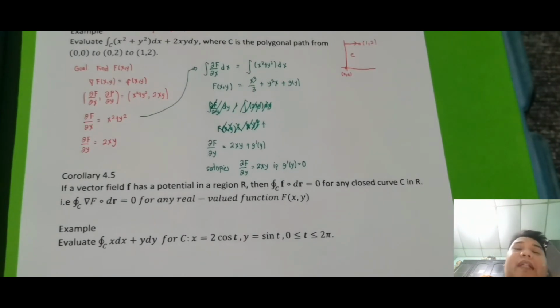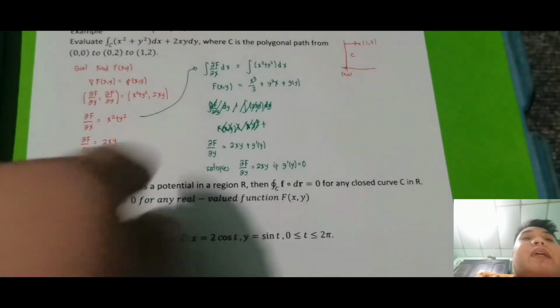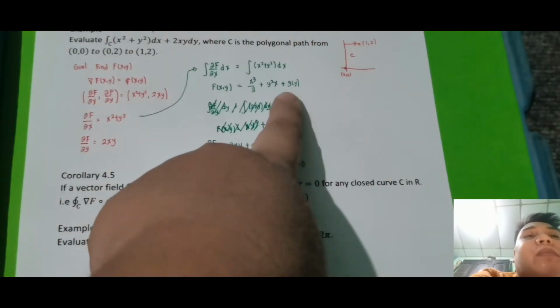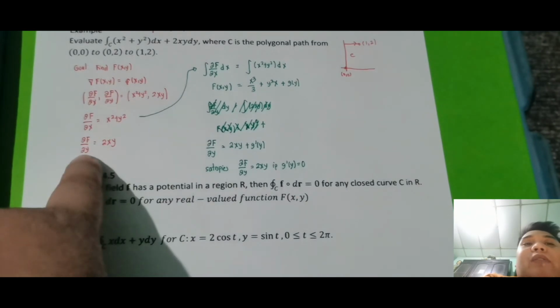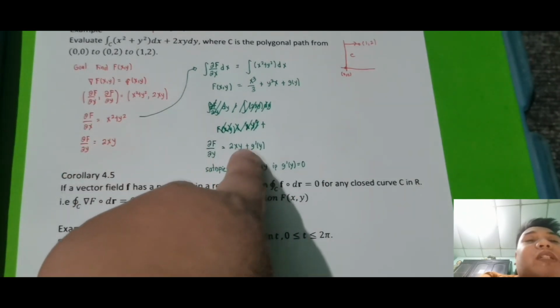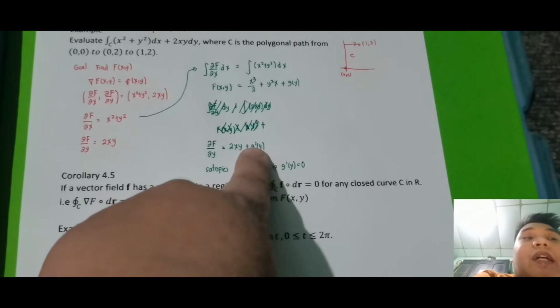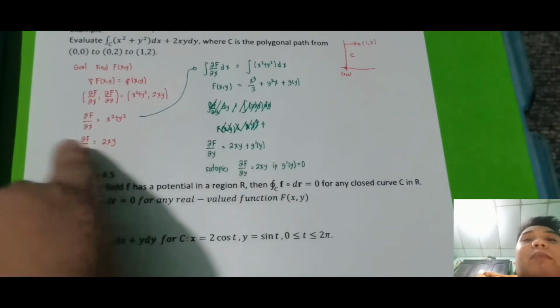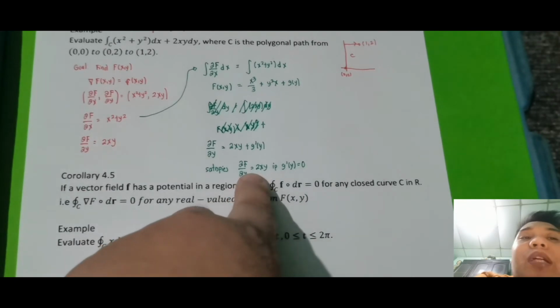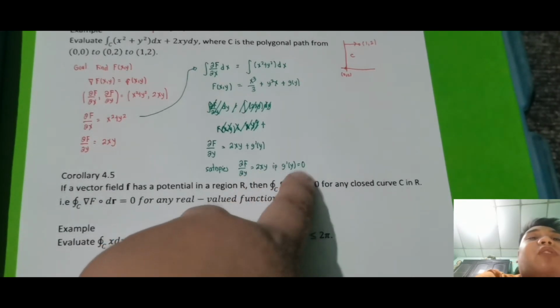Ngayon, pag ipa-partial derivative ko yan, magkakaroon ng g of y. Tapos after nun, yung partial derivative of f with respect sa y is simply equal sa 2xy plus g prime of y. Tandaan, fix yan sa solution na to. Ngayon, isa-satisfy niya yung partial derivative of f with respect sa y is equal to 2xy if g prime of y is equal to 0.